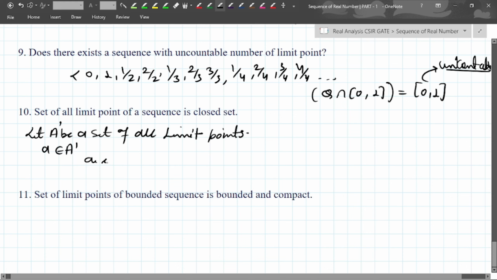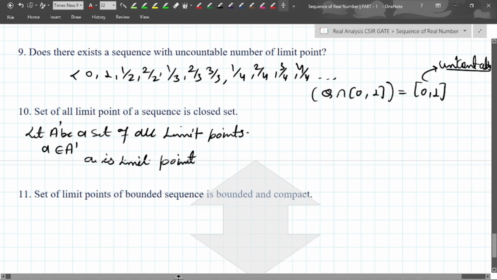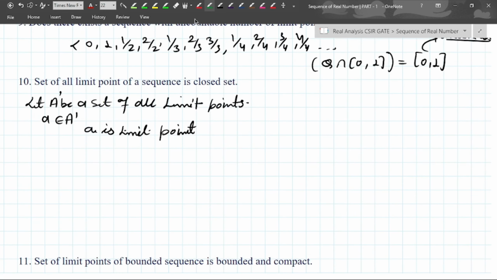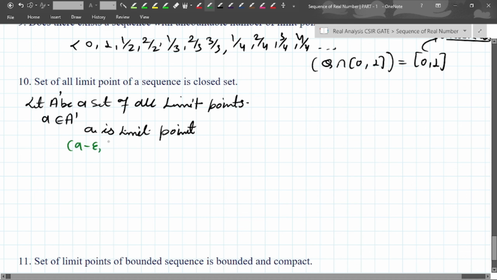If a is a limit point, then by definition, the interval (a minus epsilon, a plus epsilon) contains infinitely many terms of the sequence.